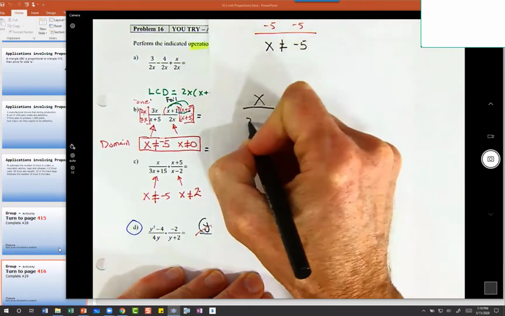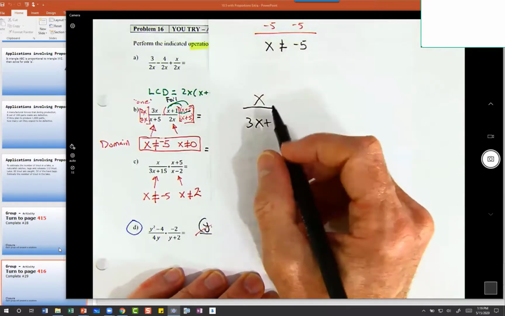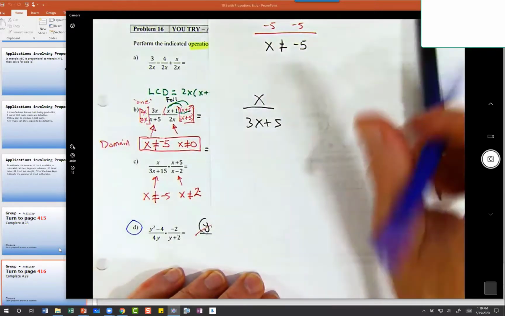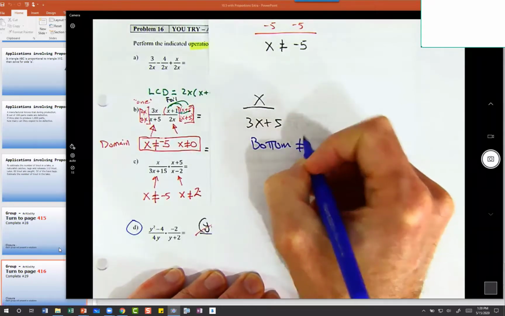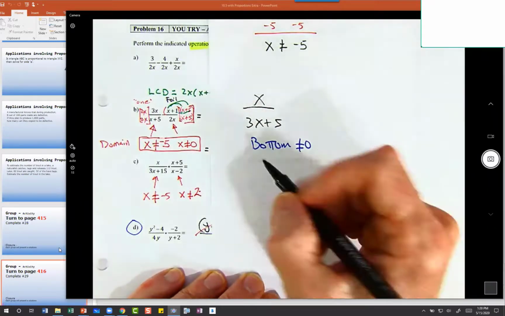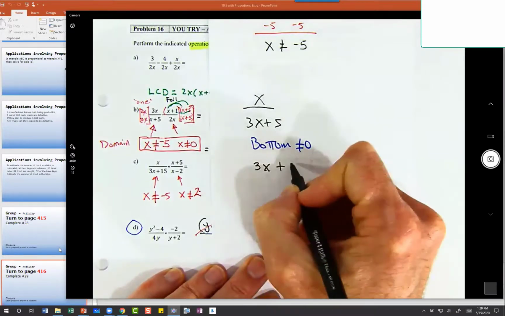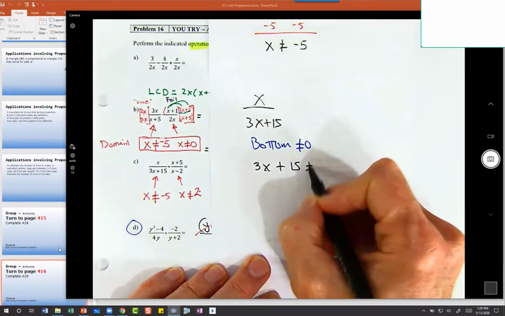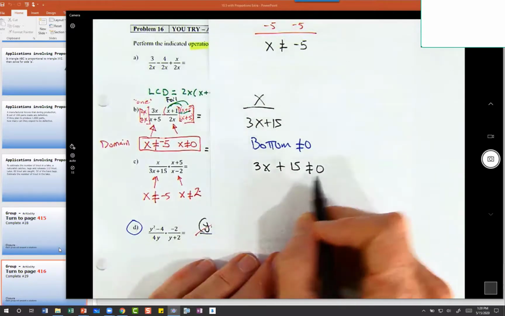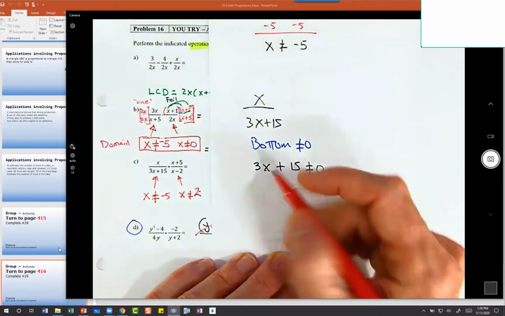x over 3x plus 15. This will be bad if the bottom equals 0. So the bottom cannot be 0. It's 15, not 5. Thank you. So I want to solve this, but I want to solve it for what I do not want. I don't want it to be 0. And then we just do the algebra here step by step.